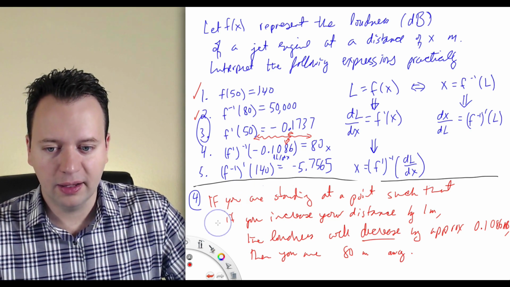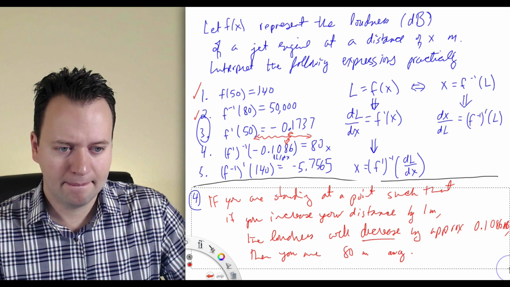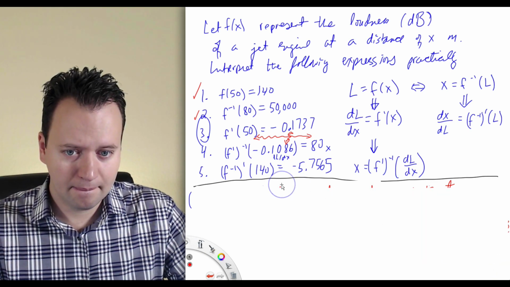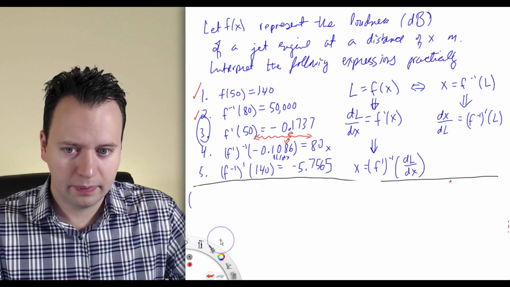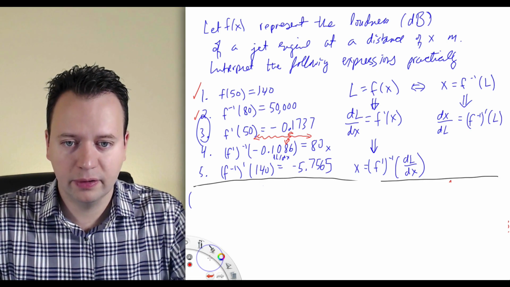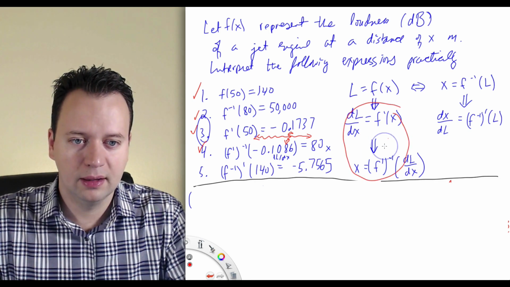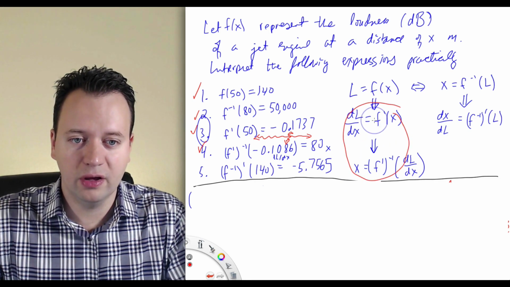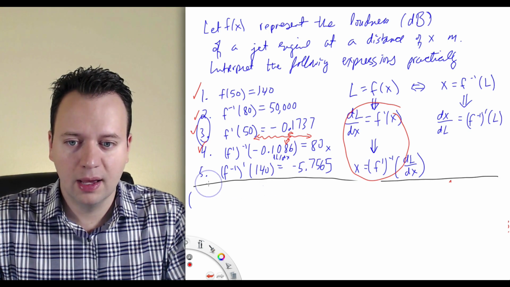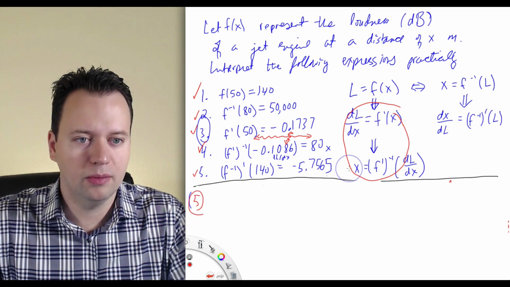And then finally, for the last one, number 5, so we got 3 and 4. So 3 and 4 are basically the derivative and its inverse function. Number 5 is maybe the most tricky.